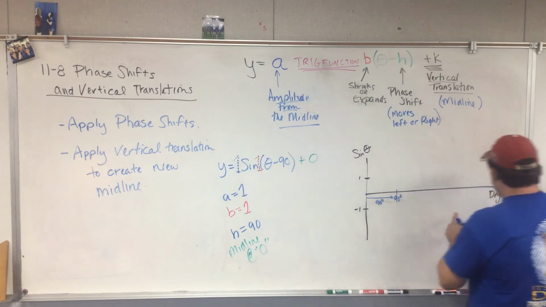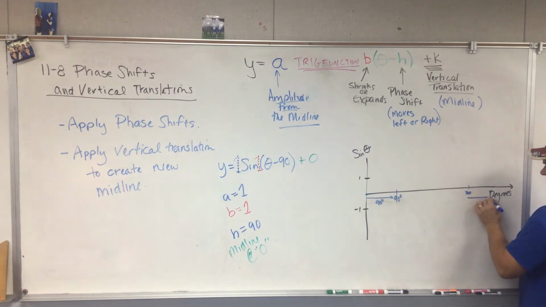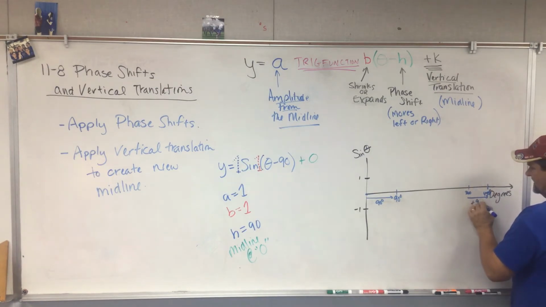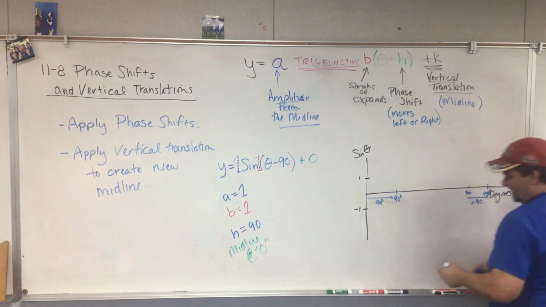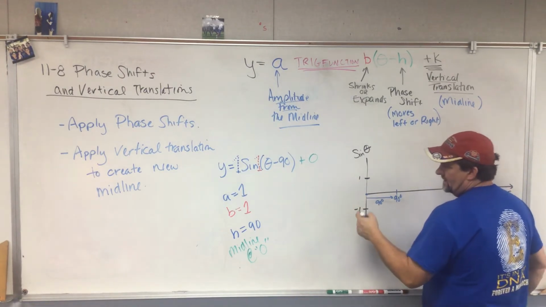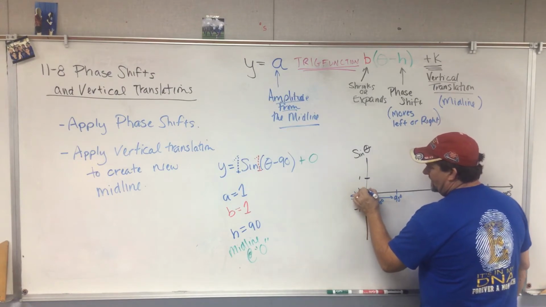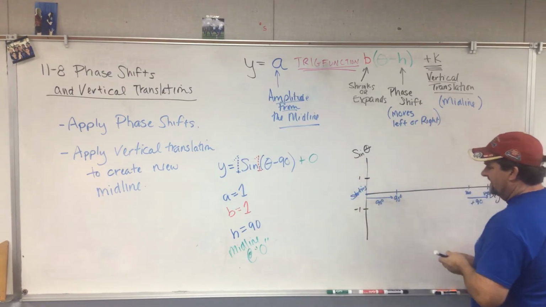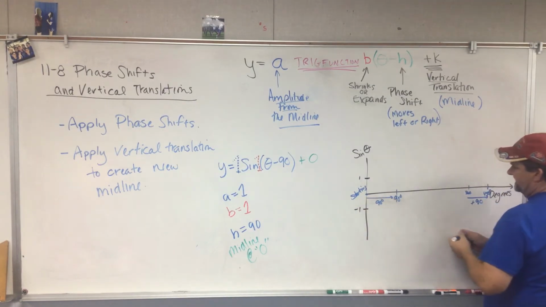And that means if we normally were at 360, this moved 90 degrees to 450 degrees. So I added 90 degrees. All of these points move. So my starting point was here. This is my starting point. It used to be at 0 and 0, but we moved it to the right 90 degrees.